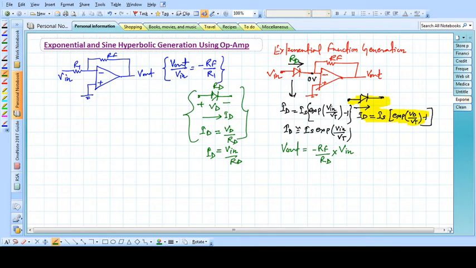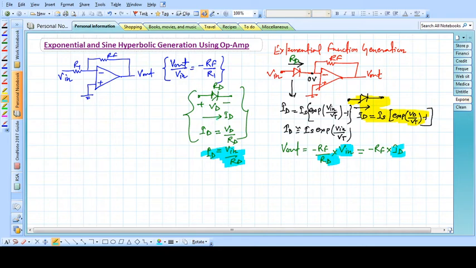Now this V in by RD is nothing but simply your ID, so V in by RD is your ID.